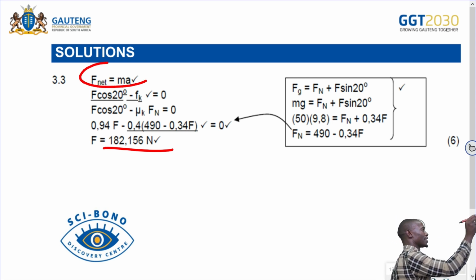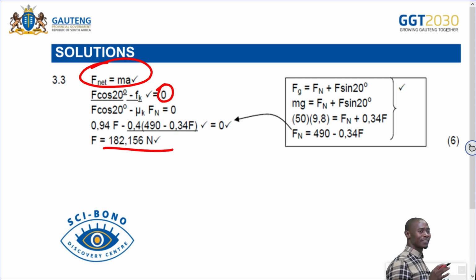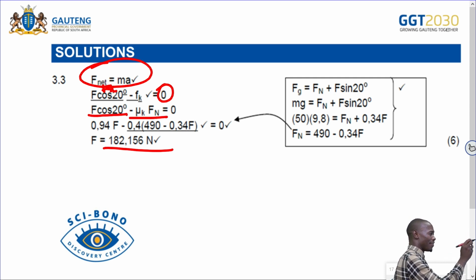You can see they did the same thing here. They started with F net, which equals ma. Your a, remember, is 0. So that is why on this side we're having 0 there, right? But the forces that we are dealing with here are the horizontal forces, where it's your F cos 20 degrees, which is your Fx. So in this case, it's Fx minus Fk. You can see that, right? So it's F cos 20 degrees minus mu k N. And then your N, remember, is mg.